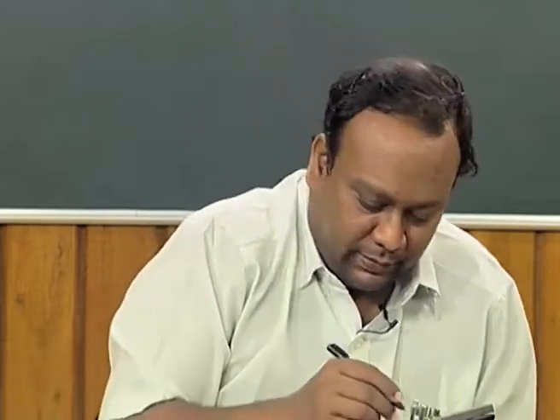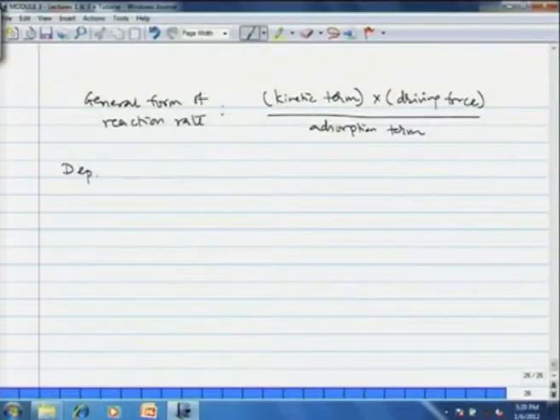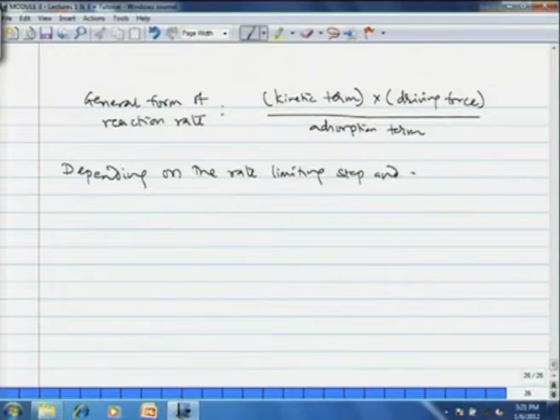So, that point we note, depending on the rate limiting step and reaction order, the specific kinetic expression varies.